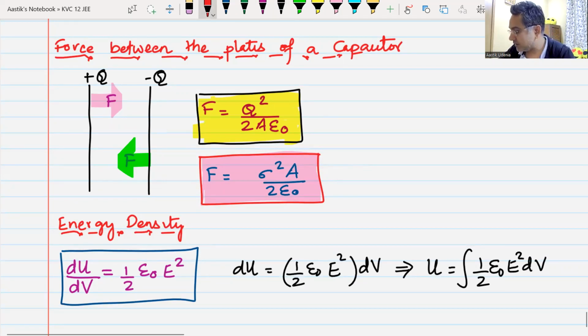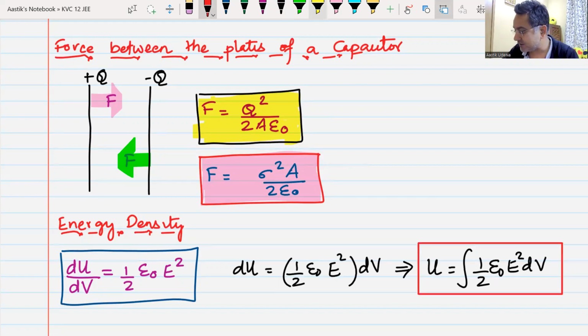I'm giving you this formula once again, since I had the time. This is the formula of energy density, and from there you can find out the energy stored in any electric field in a given volume. Everyone understands this? Okay, I hope you have written this formula once again.